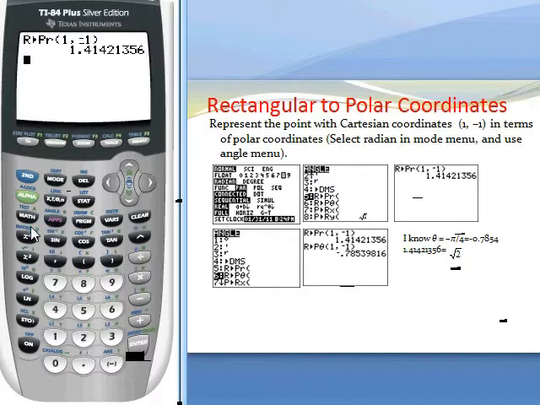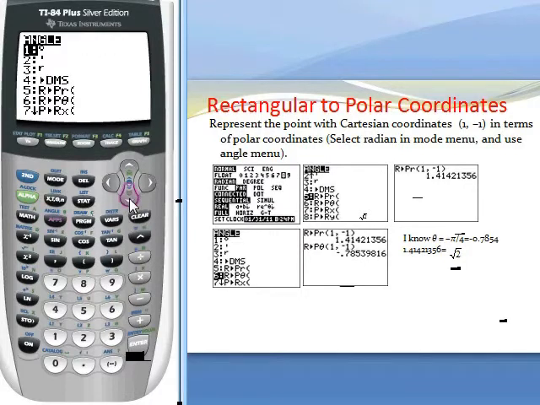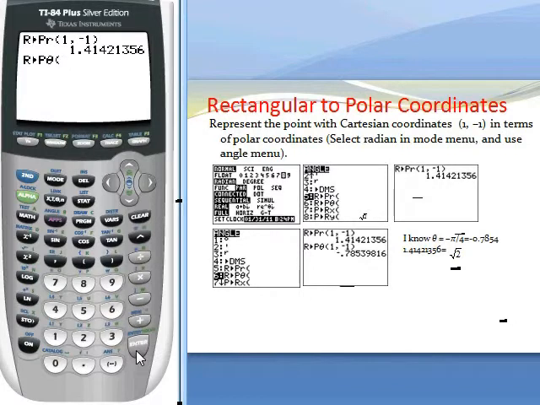Now let's go see the same kind of thing, but this time I'm going to use the theta one. So here's the angle menu. R to polar. Here it is, 1, negative 1. And you push, and it's going to give you the theta, which is negative pi over 4, negative 0.7854.